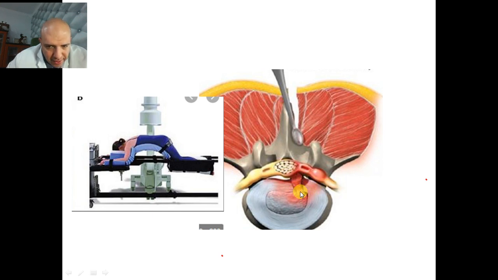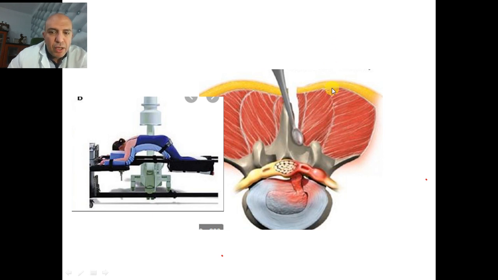Central and posterolateral herniations could be approached by direct posterior, but far lateral in this area is approached by a paramedian incision, which is called Wiltse's approach, going to the transverse process and trying to catch the fragment which is far lateral, extraforaminal or foraminal.